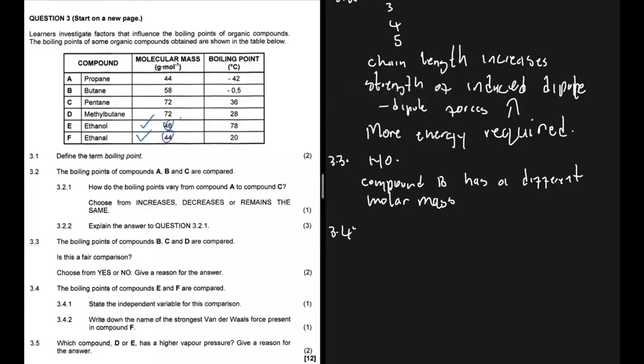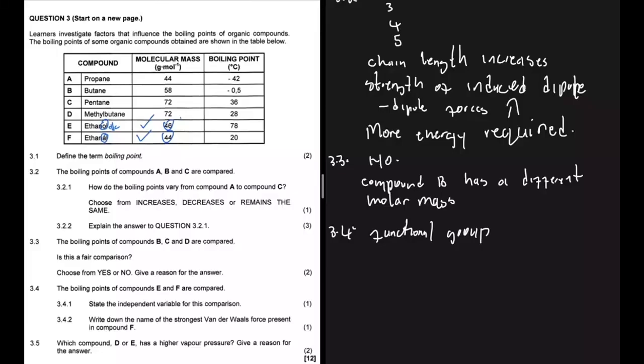And then what we are changing here is the functional group, right? You can see that here we have ethanol, and here we have ethanol, alcohol, and an aldehyde. So the independent variable we can say is the functional group. You can even say it is the homologous status, and it will still be fine.